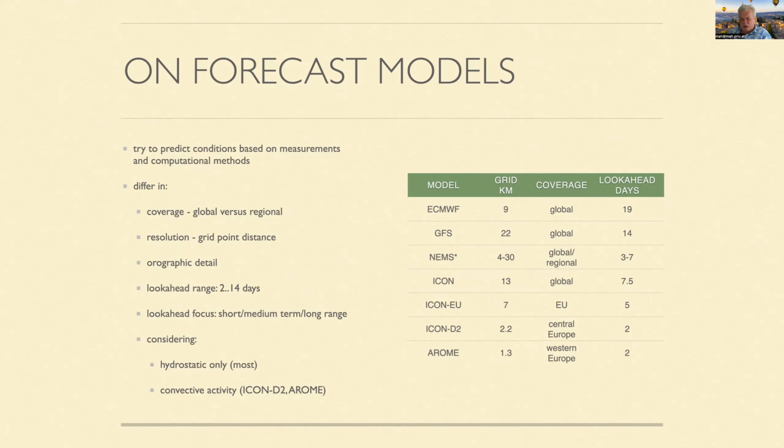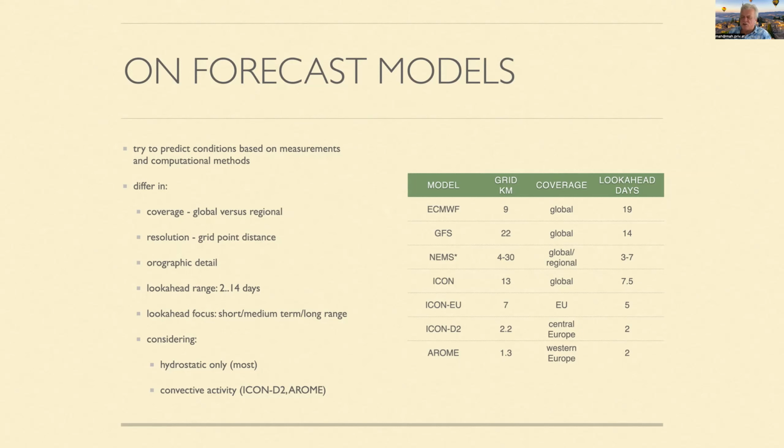They differ in coverage. Some are global, some are regional. Sometimes they've actually quite small coverage, like the better part of the central EU in the case of ICON D2. They differ very much in resolution. We'll come to that. How does the computing of the weather forecasts looking at the future happen?